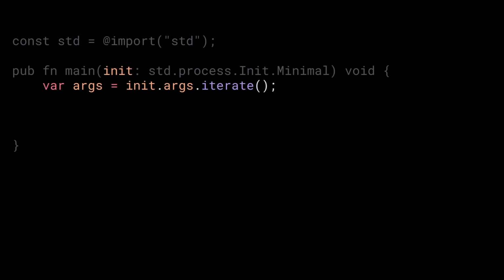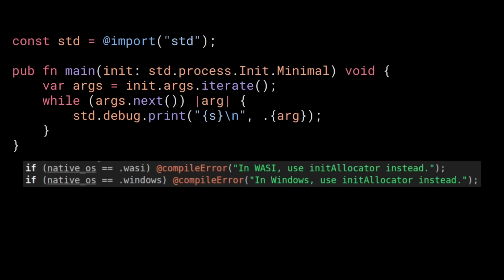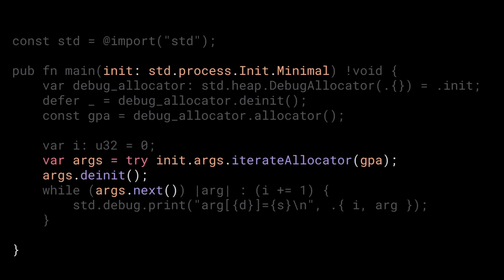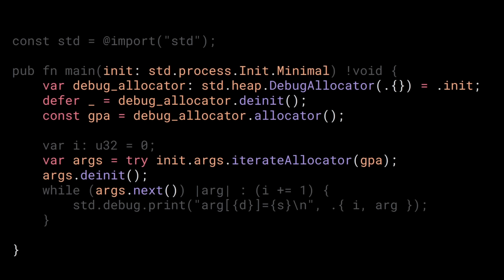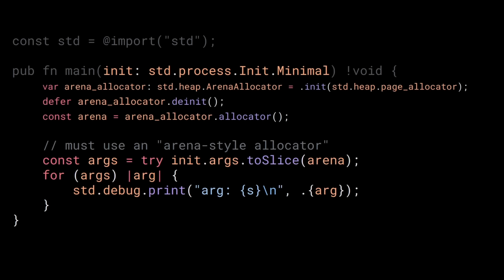Then you can get the CLI arguments by using the iterate method of init.args to get an iterator, and then call next on it to go through the list of arguments. But this doesn't work for Windows or WASI, so instead you can use iterateAllocator with the allocator of your choice. If you prefer, you can also use args.toSlice, but an arena-style allocator must be used.